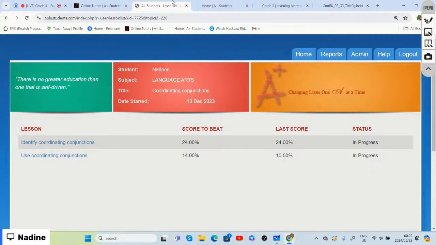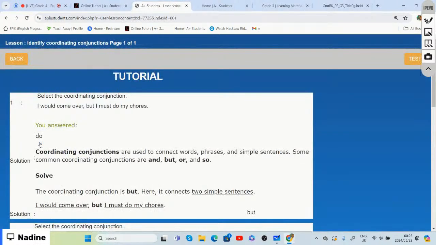All right, so now we're going to aplusstudents.ca. Our chapter is coordinating conjunctions, and the first lesson is to identify coordinating conjunctions. The most common coordinating conjunctions are "and," "but," "or," and "so," and they are used to connect words, phrases, and simple sentences.